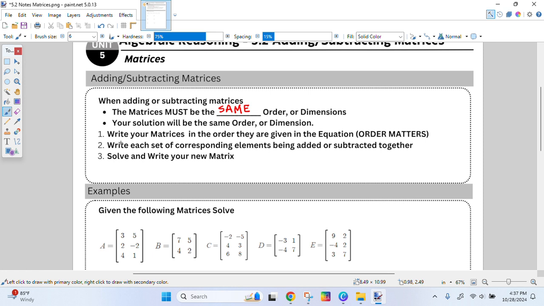And then we're going to write each set of corresponding elements. Remember, the elements are the individual entries in the matrix. So row 1, column 1 would correspond with row 1, column 1 in the other matrix. So I'm going to write them as being added or subtracted together, and then solve and write my new matrix once I have a solution.